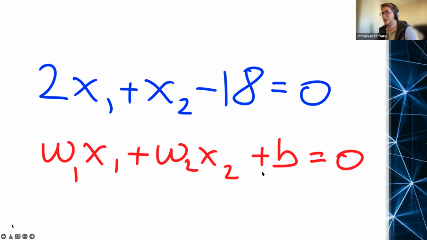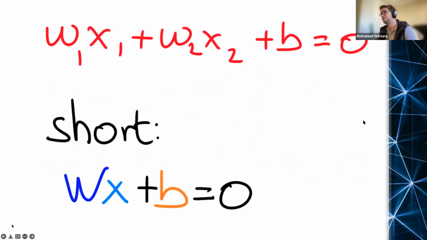So this is just a different way of writing the one above. Given our w1x1 plus w2x2 plus b, we can have a short form. We can just say capital W x plus b equals 0. So it's just a different way of writing it.